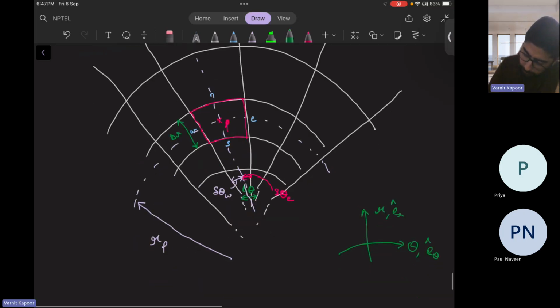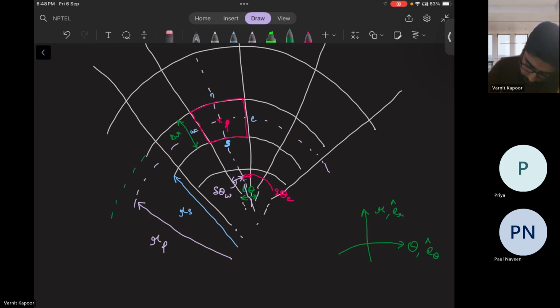Then this was your south face. So the radius for the south face will be RS, and the radius for the north face will be extended till here, R north. R north, RP, RS, the radii. So we have seen del theta west, del theta east.